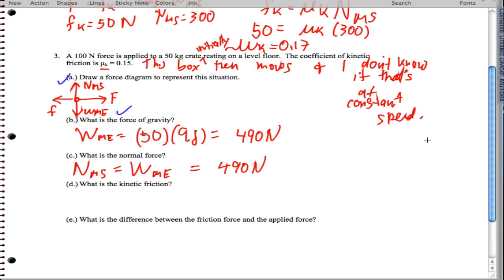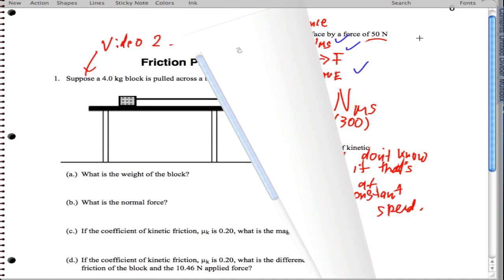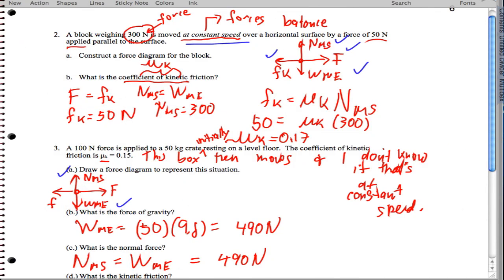So to get the kinetic friction, I cannot assume that these balance, because I don't know if it's moving at constant speed. They never told me. In this problem, they told me constant speed, so I know.